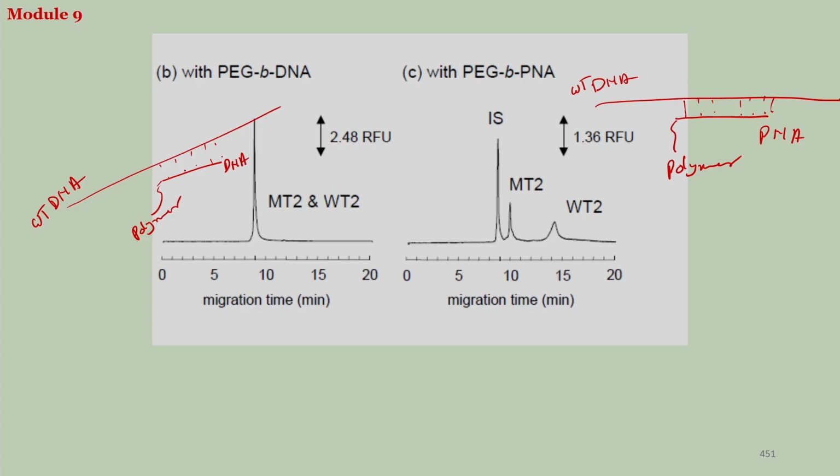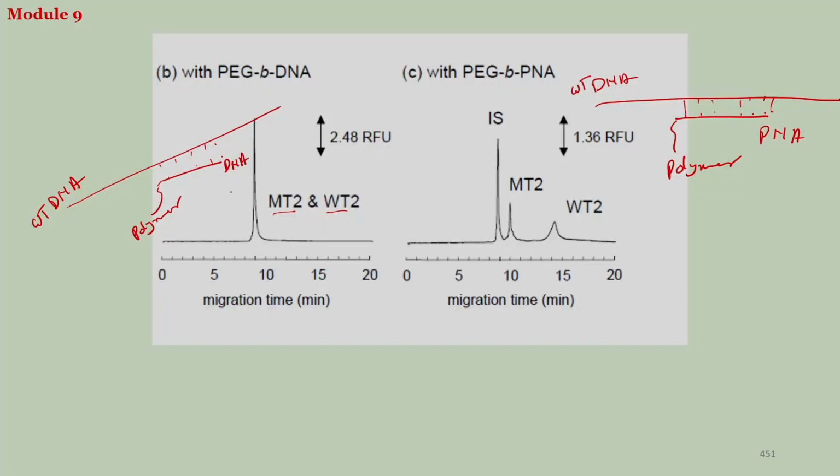If you do the electrophoresis, see, mutant and wild type are not separated, they are merged together in this peak, which means the presence of a single base mismatch in the target DNA has not been able to be detected using the DNA as the probe, because the hybridization between the perfect complementary and the mutated are almost similar.